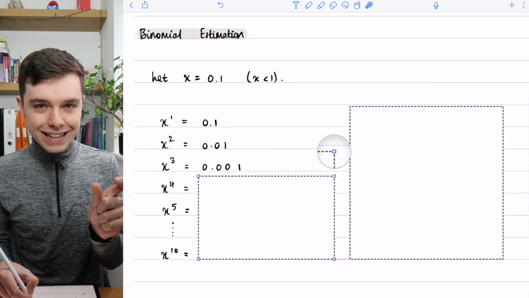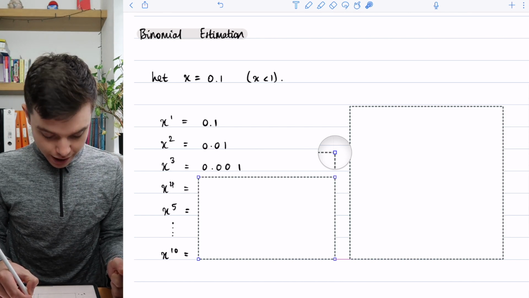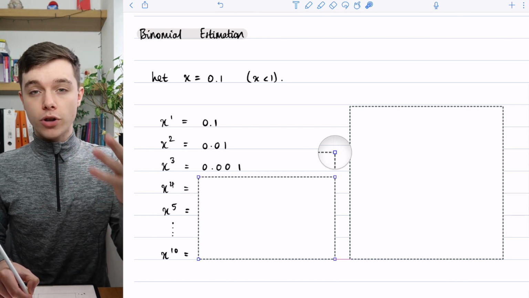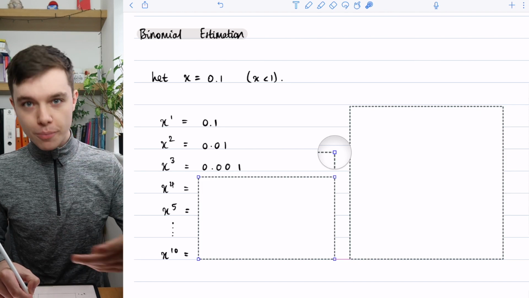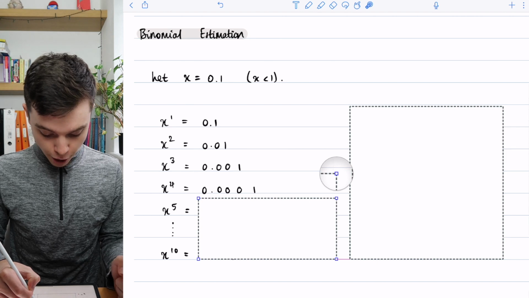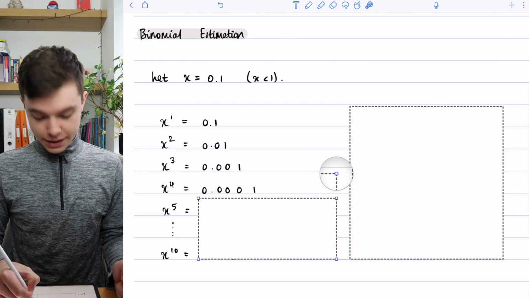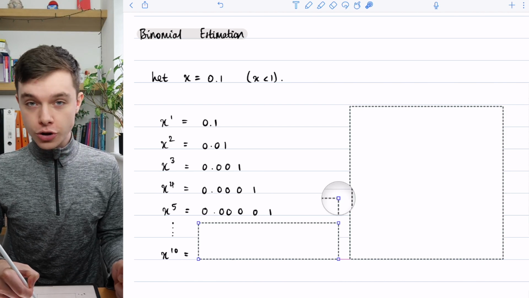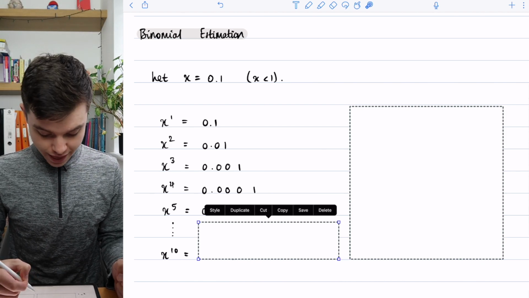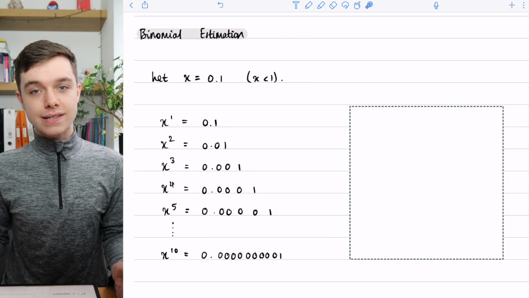As you can see, we're just adding an extra 0 to the left, if you like. x to the 4 is 0.1 times 0.1 times 0.1 times 0.1, which is of course 0.0001. x to the 5, we can see where this is going, is 0.00001. And then I'm just going to delete that so I can jump to x to the 10.